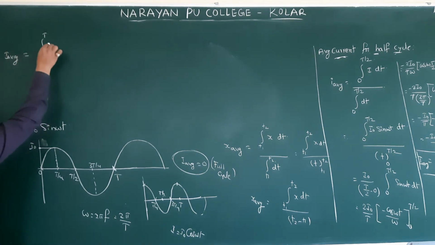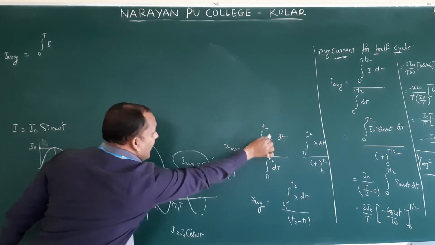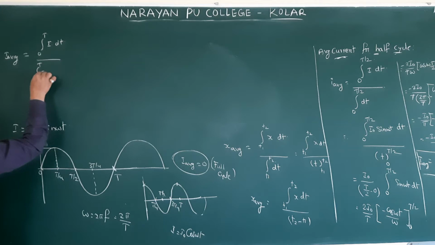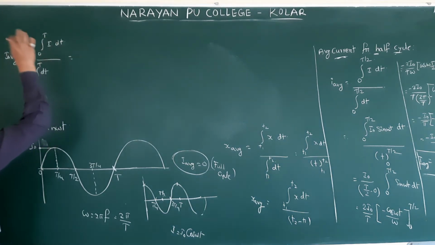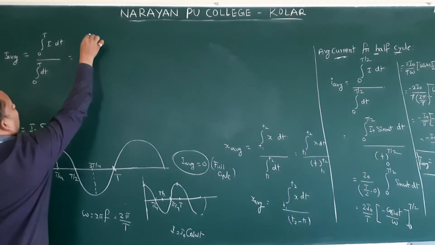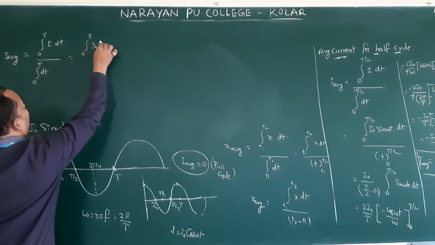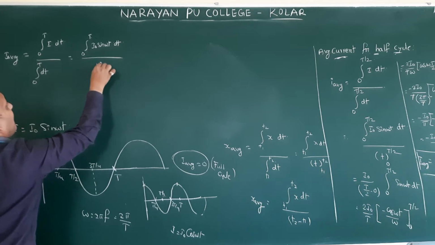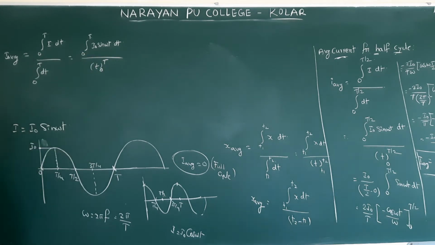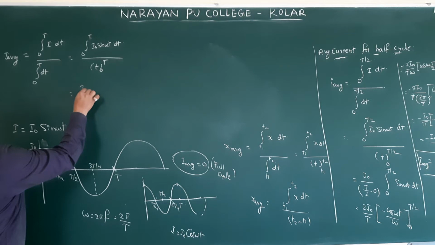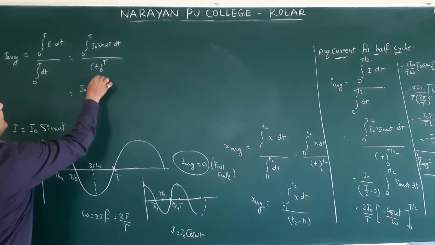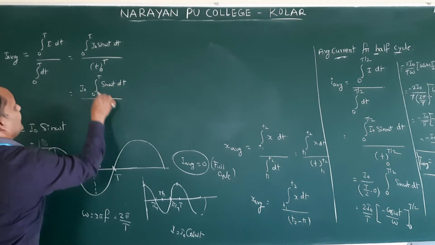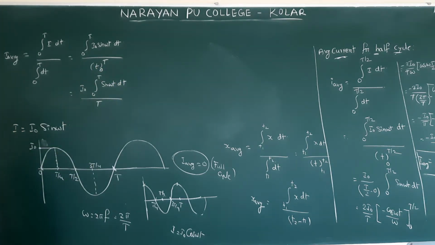From 0 to T, the general equation is the integral of I dt. So I means I naught sin omega t dt between the limits, so I naught integral 0 to T of sin omega t dt, divided by T minus 0.